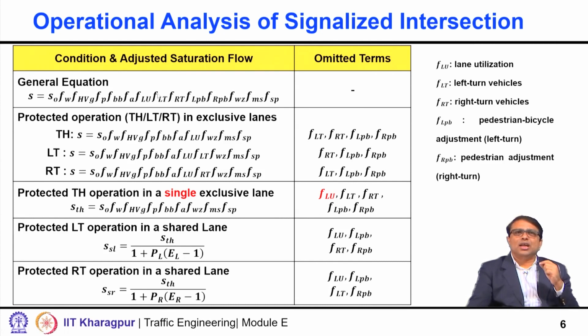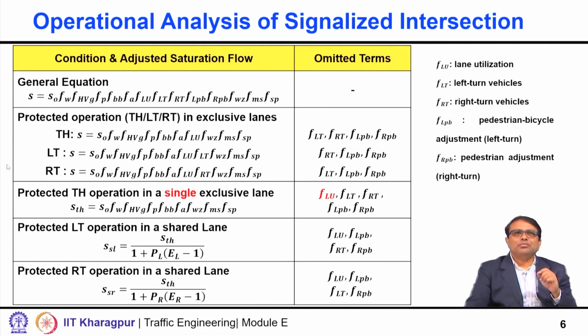This is the generalized equation where all factors are present, because that is what is possible. But if you take now protected operation, it may be through, left turn, or right turn in an exclusive lane. Carefully note that we are talking about an exclusive lane, not a shared lane, and then through, left or right.